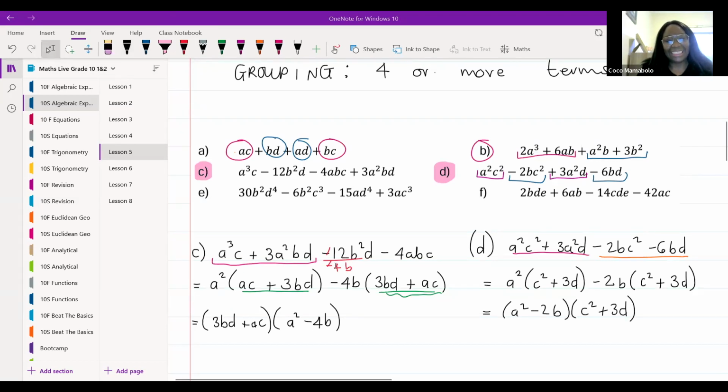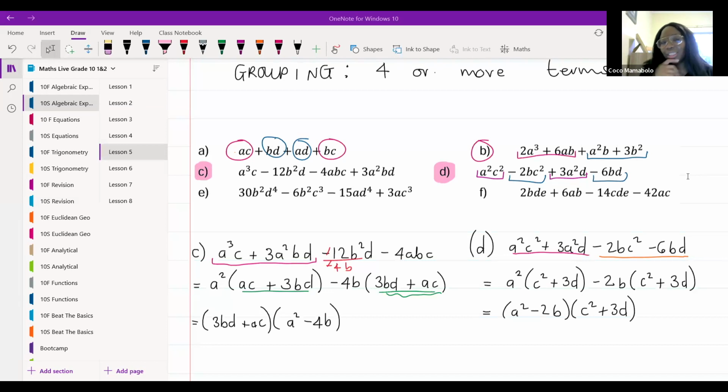Hello, ma'am. Hello, Danae, how are we doing? So I grouped with a squared and c squared plus minus 2b c squared. Did you get the exact same one?